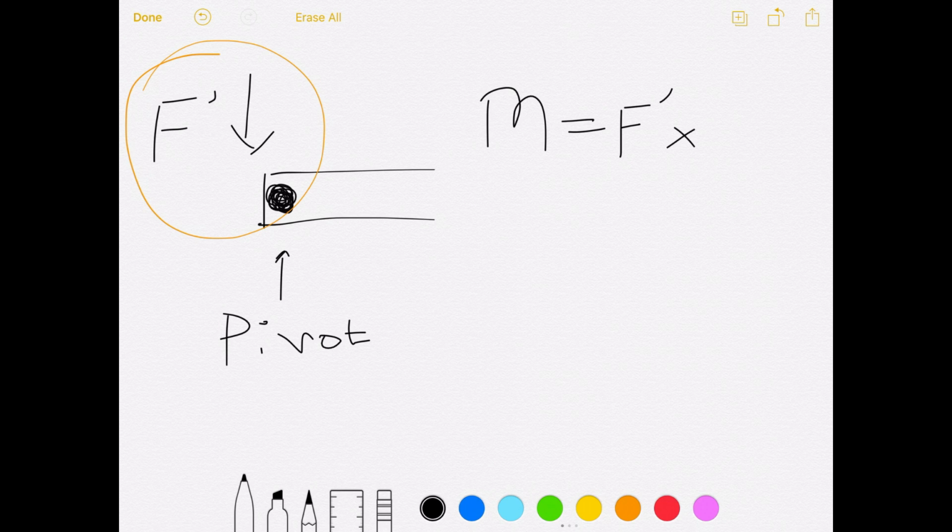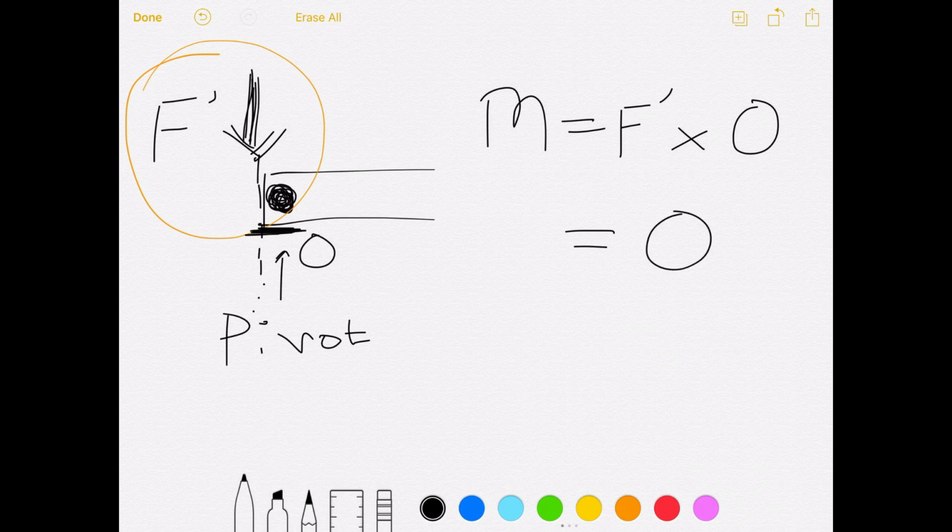If you observe the diagram carefully, the force which is applied at the pivot and the line of action of force, the distance between the pivot and the line of action of force is 0. So no matter what amount of reaction force is produced, when it is multiplied with 0, the moment of force at the pivot due to the reaction force will be 0. So it was not shown in the diagram.